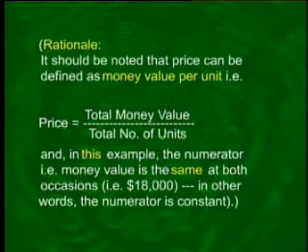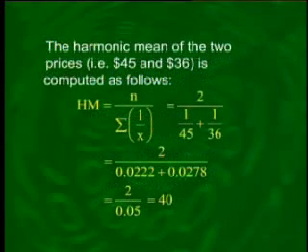Do not forget the rule that when we have expressions like x per y and x is constant, that is the occasion when the harmonic mean is the appropriate average. And in this example, the harmonic mean of the two prices, that is $45 and $36, is computed by the formula n over summation 1 over x, which is equal to 2 over 1 over 45 plus 1 over 36.